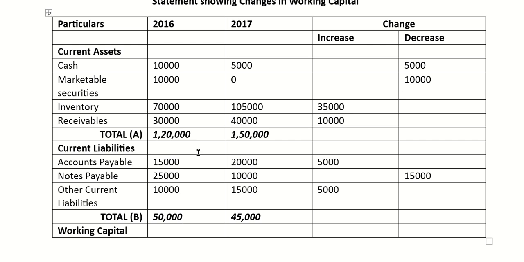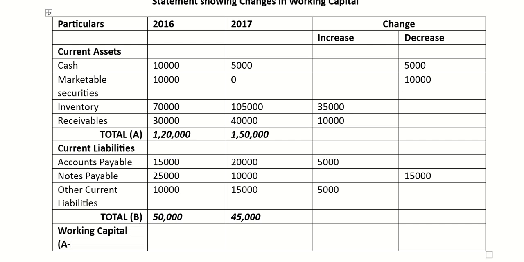So how to find working capital? See, we have taken the total of current assets as total A. We have taken the total of current liabilities as total B. So working capital can be written as A minus B. Simple. So we will take this total and deduct this from the total.